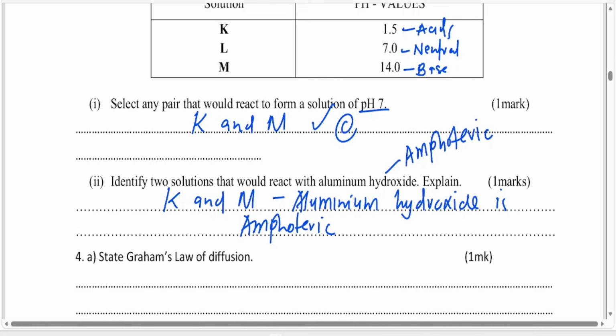If you just write K, at least you may have a mark for the same. But remember, the total marks that you are given is only one mark, meaning stating the two gives you a mark and the explanation gives you a mark. Therefore, there is need that you mention the two of them.